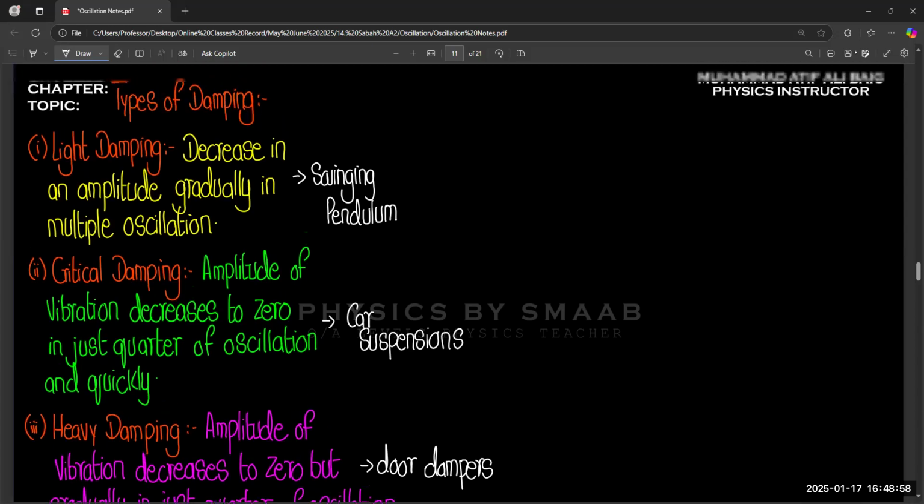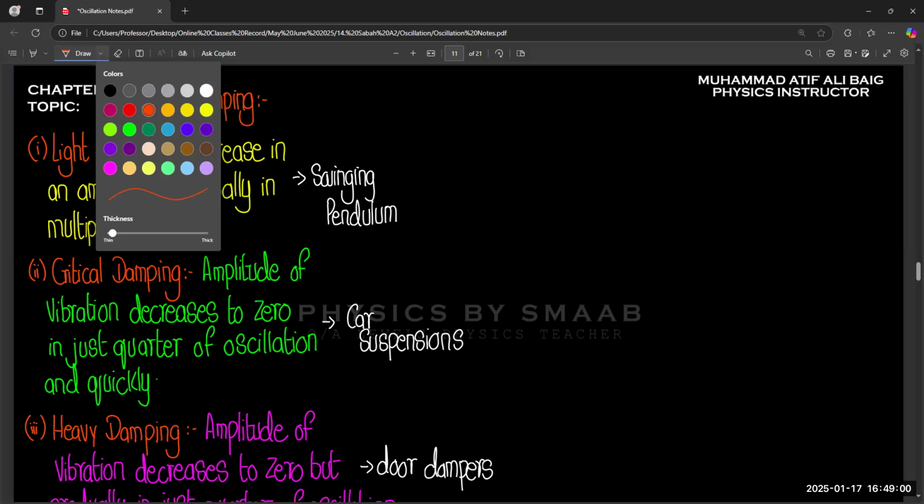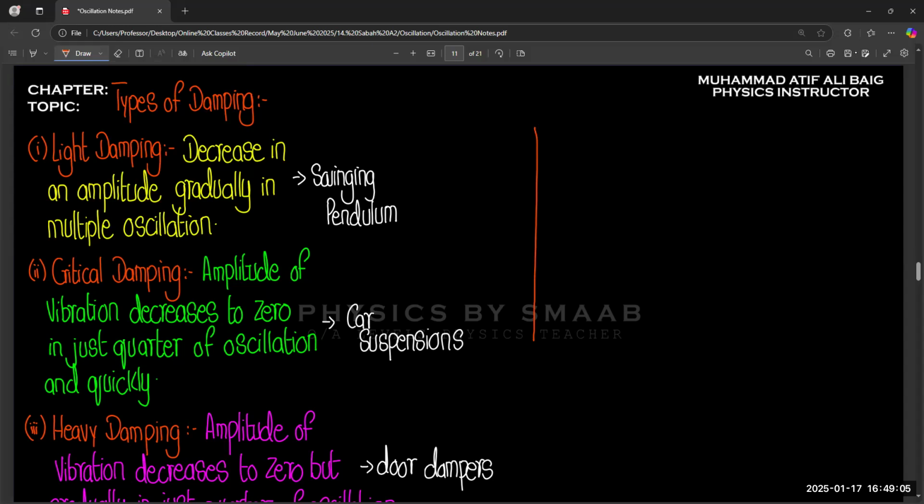Let's suppose displacement on the y-axis, time on the x-axis. So the difference between the graphical representation of light, critical, and heavy damping.